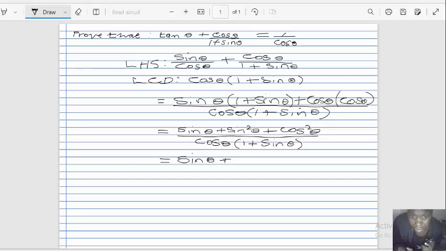Plus 1 all over cos theta, 1 plus sin theta. Clearly the pen is not on my side today.